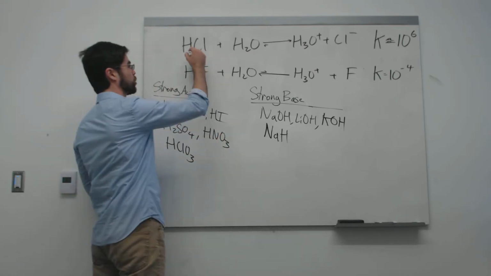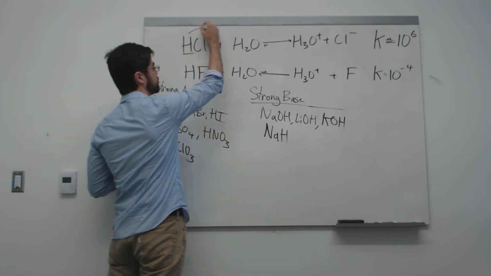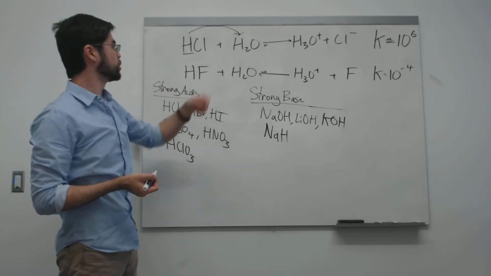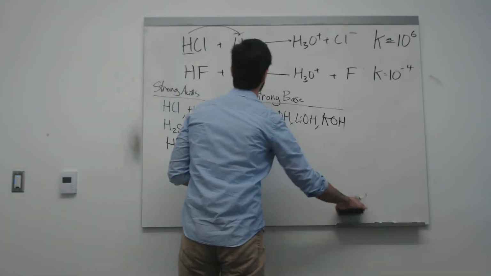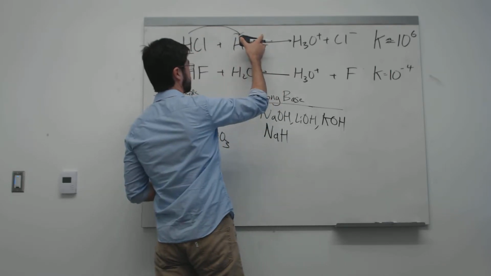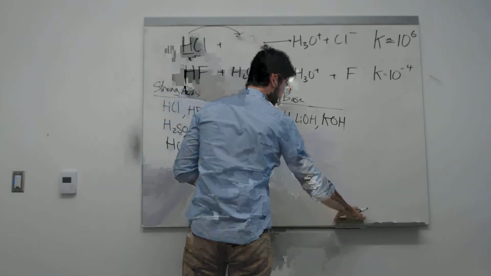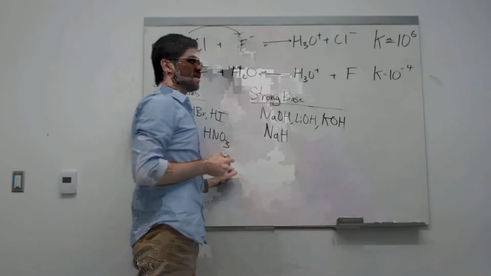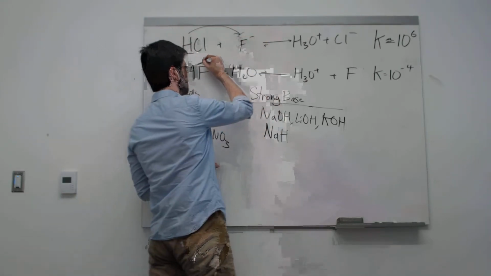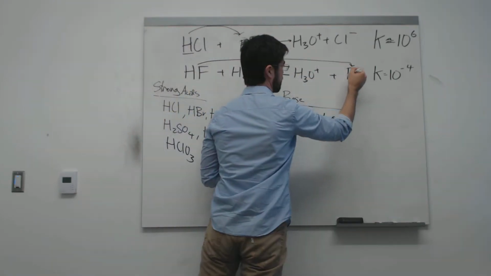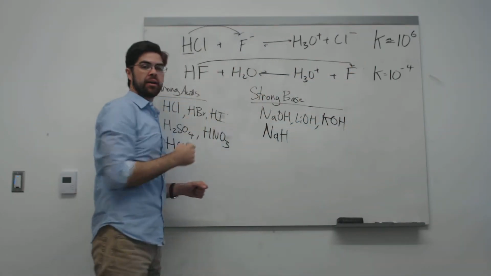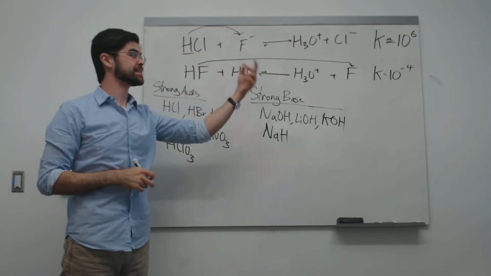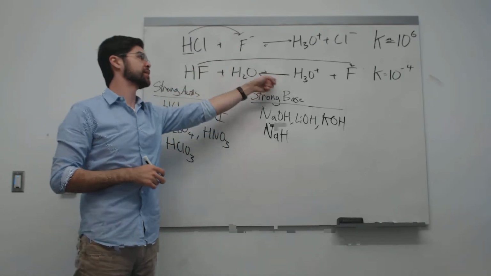Strong acids are ones that very readily donate protons, either to water or some other base. So I could have a reaction between HCl and water, or it could be some base, something like the fluoride ion. The fluoride ion is the conjugate base of hydrofluoric acid, so it has a tendency to accept protons, to go backward.